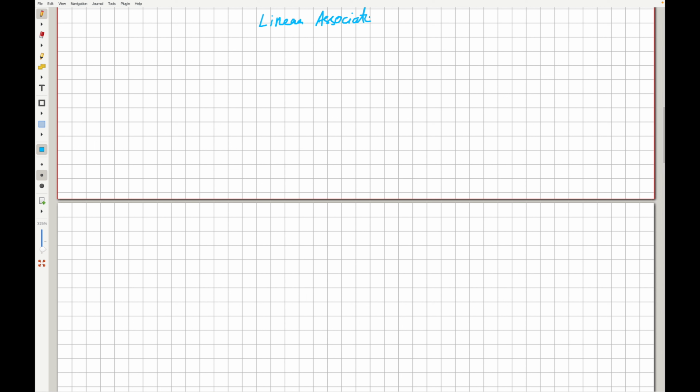associator. So Hebb's learning can be applied to several different types of networks, and here we are going to look at just a simple one, which is a linear associator, and we can draw that as follows.